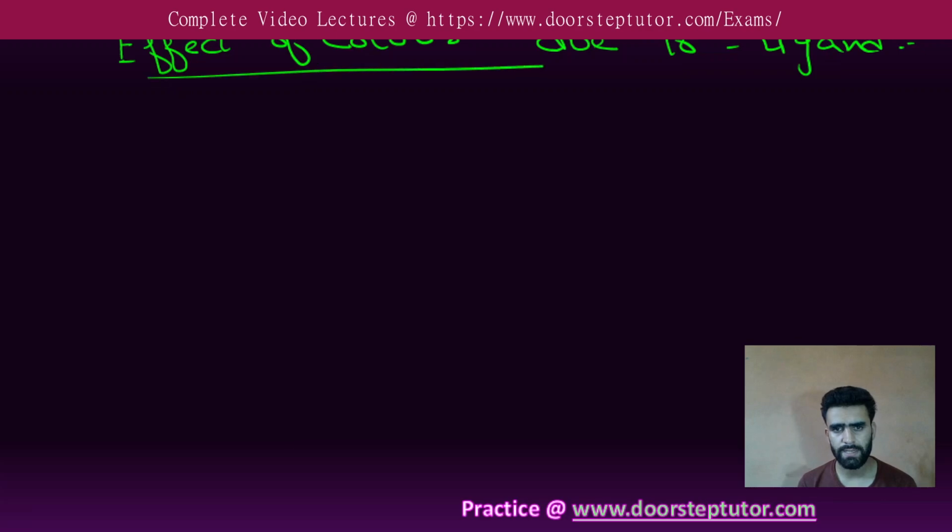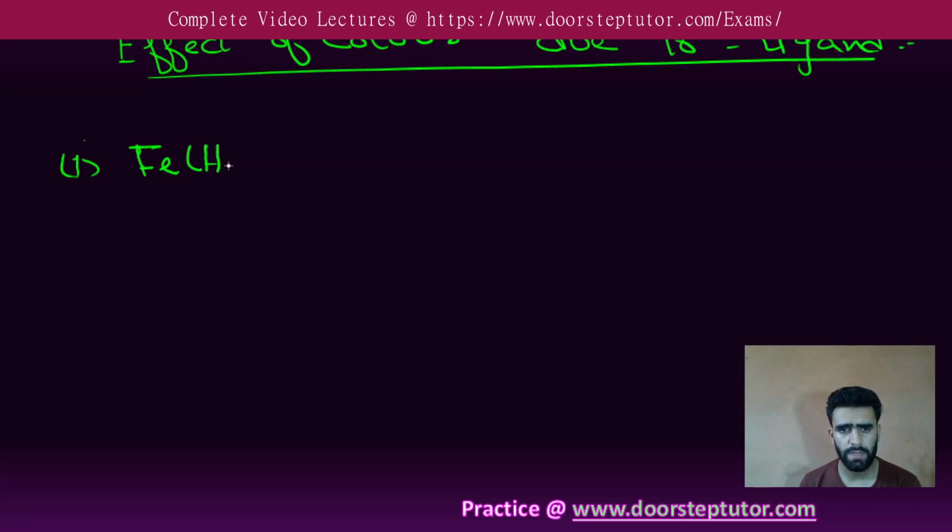Now let us understand that. Suppose we have two complexes. We have iron with water as a ligand, with two positive charge.